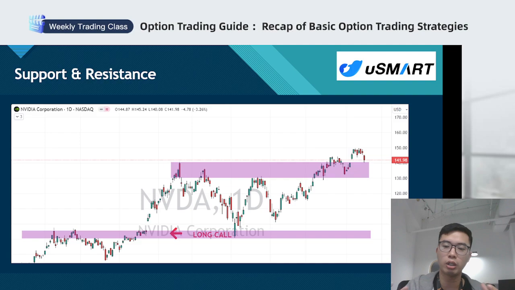So for long strategies, we usually buy when it bounces off the support. You can just trade along support and resistance. We just plot the swing highs and swing lows and those areas with a lot of resistance or support, where the market gets rejected or bounces off.